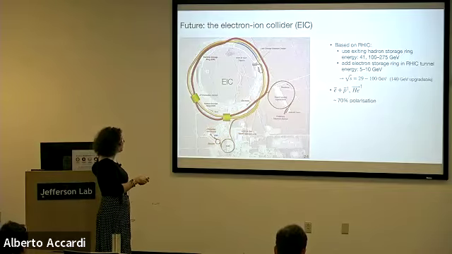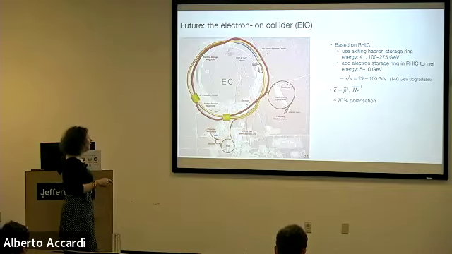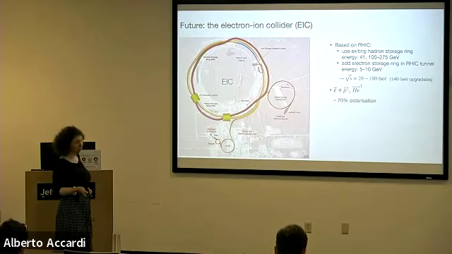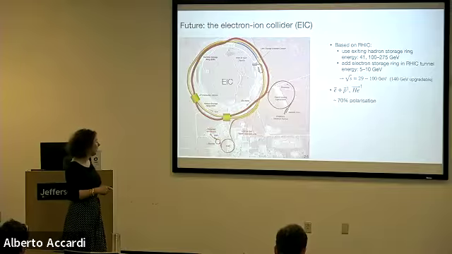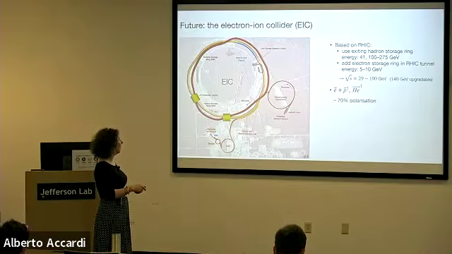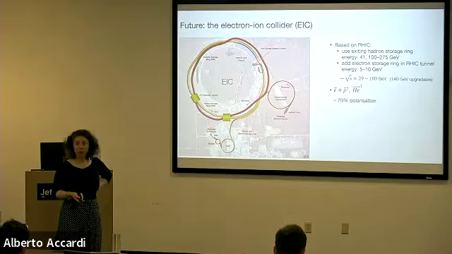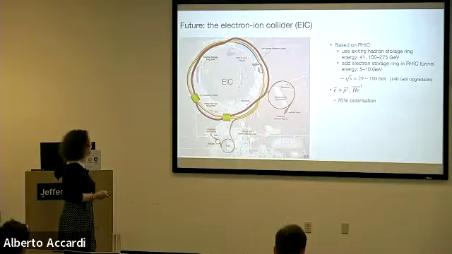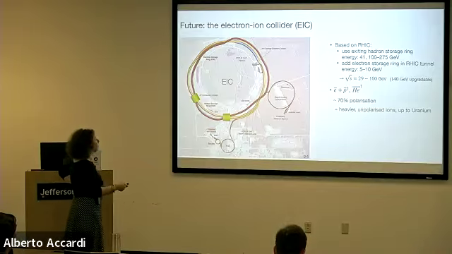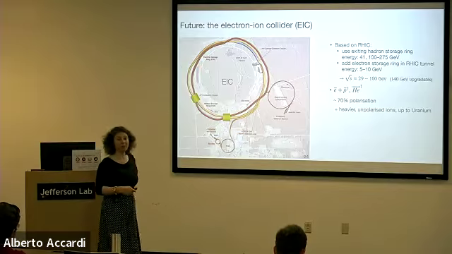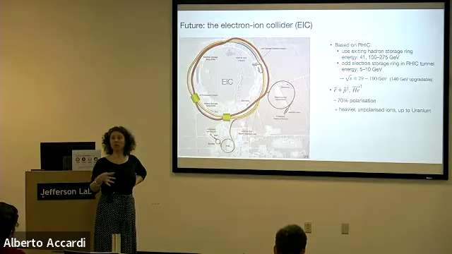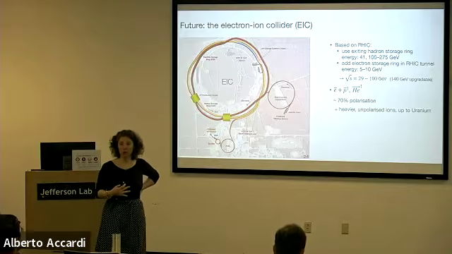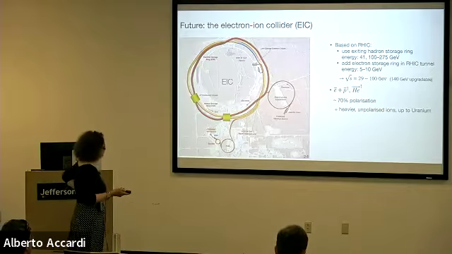We will have longitudinally polarized electrons that will collide with longitudinally or transversely polarized protons, and longitudinally and transversely polarized helium. Both for the hadron and the electron beam, we aim at a 70% polarization. And then we will also have a whole series of unpolarized ions up to uranium. This is also really interesting because you can learn about nuclear effects, among others.